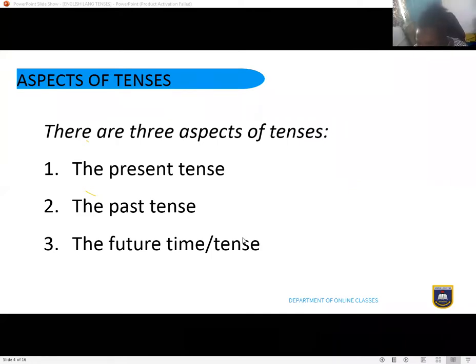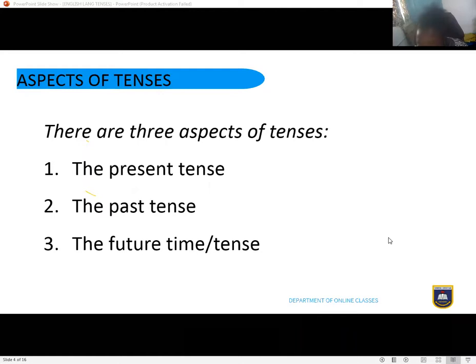So what is the first aspect? Madam, please, I can't see it. It's on the screen. I'm only having the aspects of tenses. Yes, I'm asking you a question on the aspects of tenses.